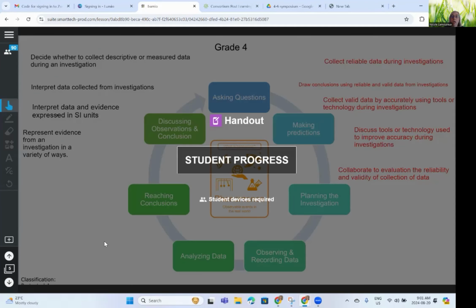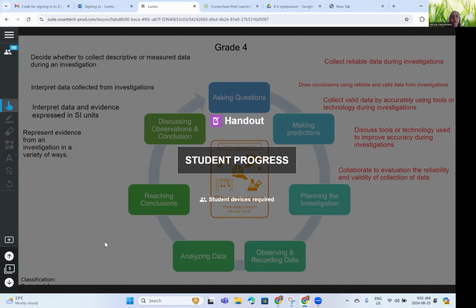Okay, so now you've got the handout. If you click in the handout, you should be able to read through. I'm going to give you about 5 minutes or so to read through the skills and procedures and see where in the steps you would see this.